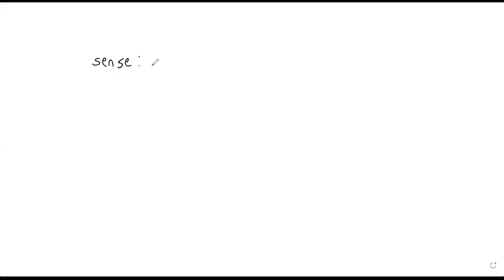Now I'm going to write this for the sense strand: A, T, G, C, C, A, T, T, A, A, TGA. So what I'm doing is I'm basically just giving us a sample gene.